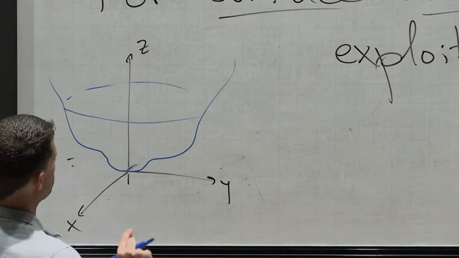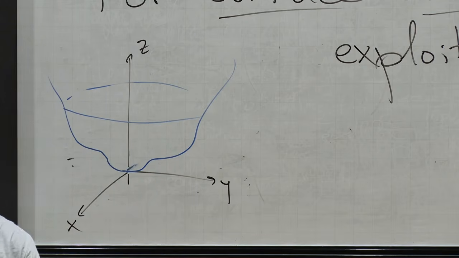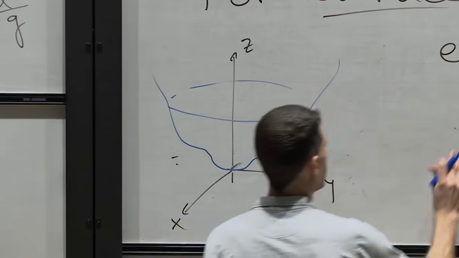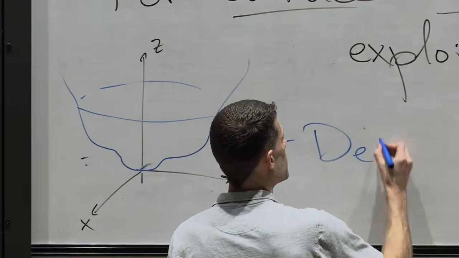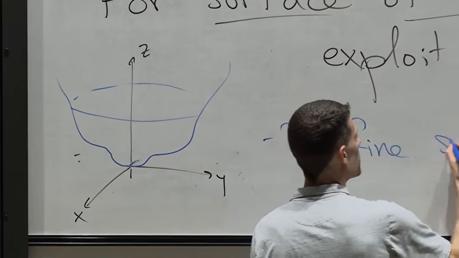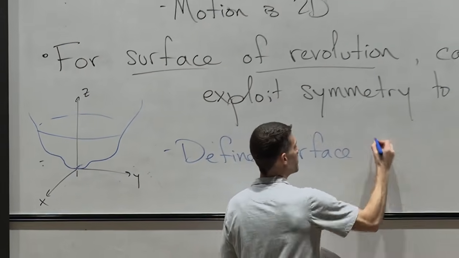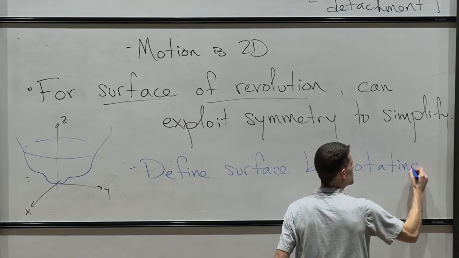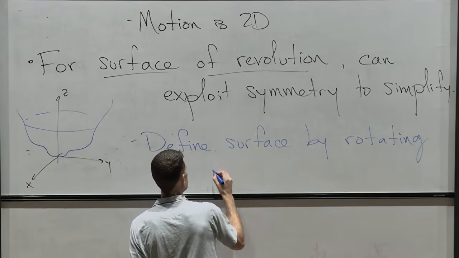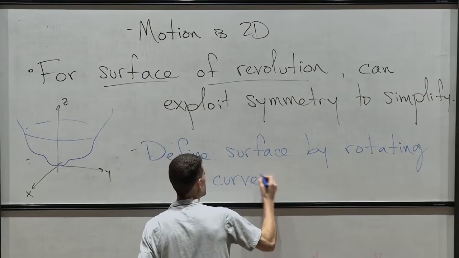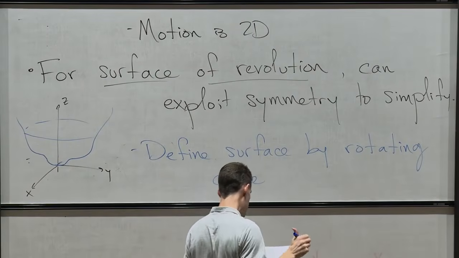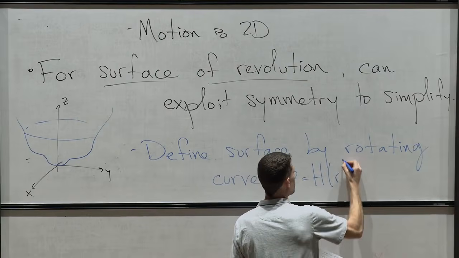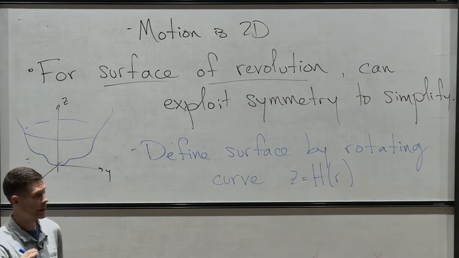So really x and y don't matter. If I'm looking at this from above, there's a radial symmetry. And so I define the surface by rotating the curve: z is some function, I'm going to call it capital H of r, around the z-axis.